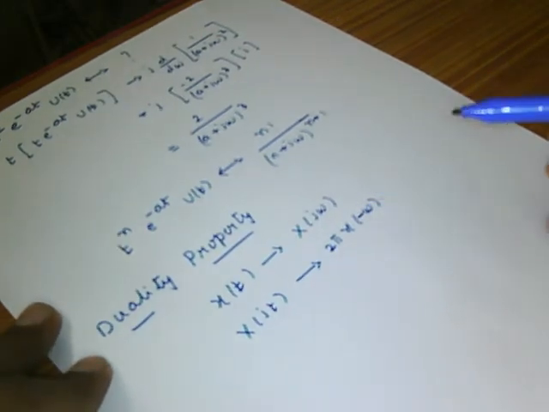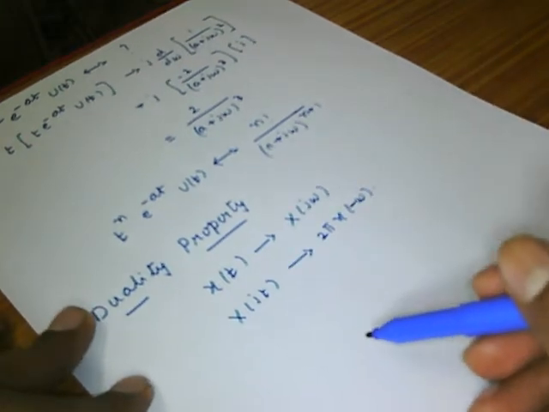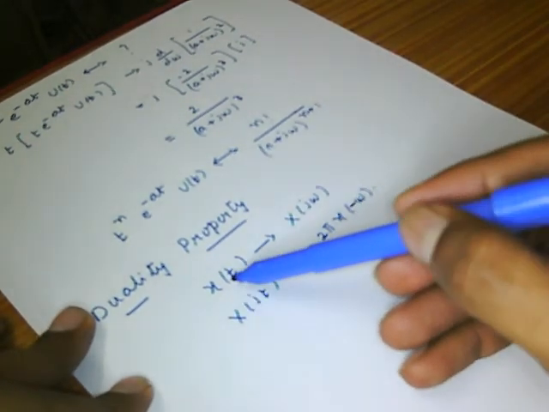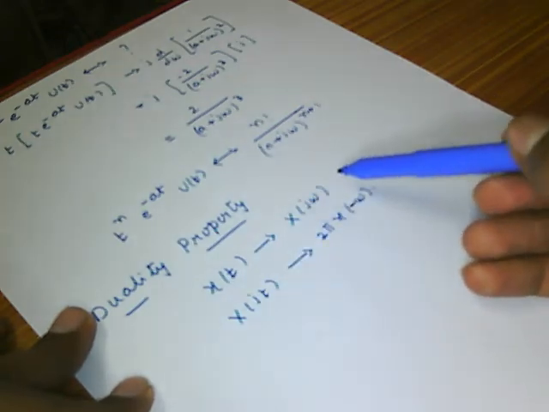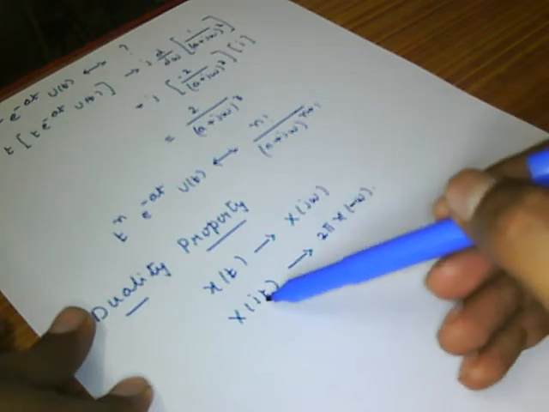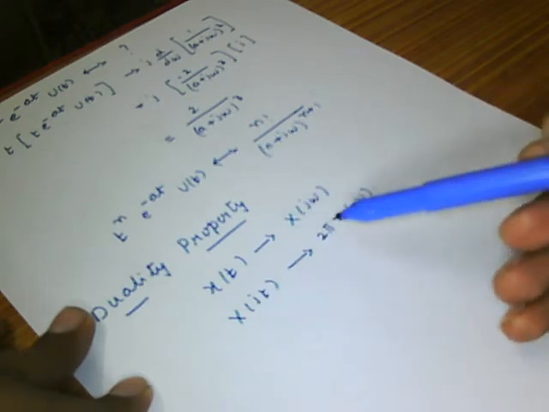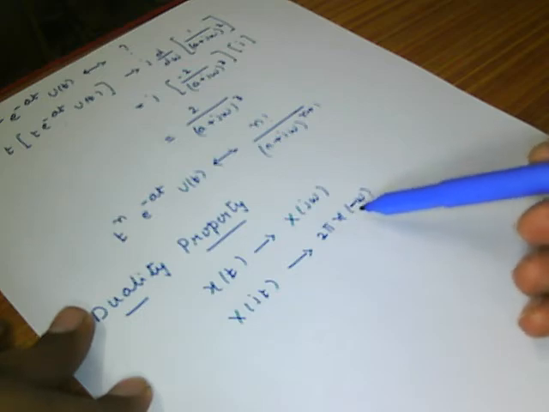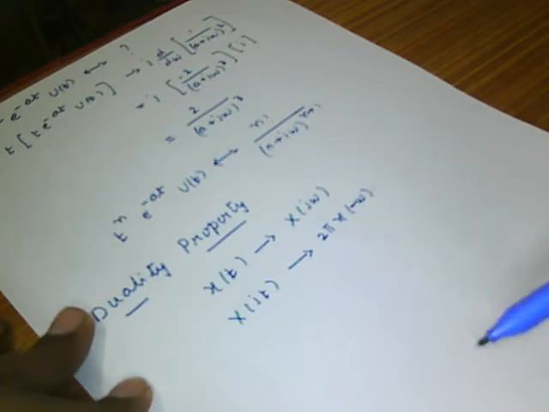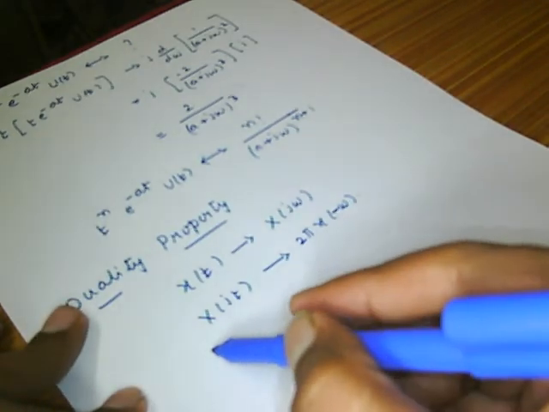Again, let us illustrate this with an example. I have a signal x of t with corresponding Fourier transform x of j omega. If you take the Fourier transform again, you will get back the flipped version of your original signal as the Fourier transform. So let us illustrate this with an example.